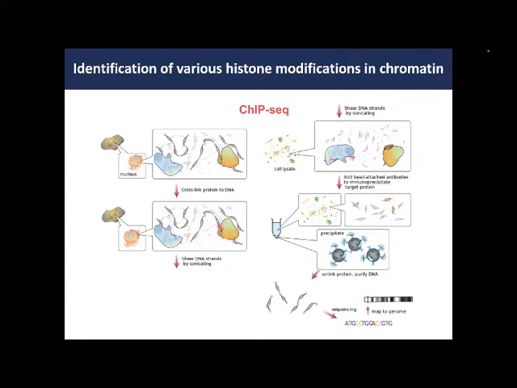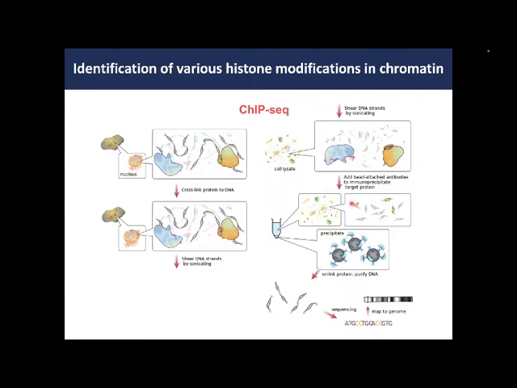The complexes of DNA-binding protein and DNA are fragmented, and then this sheared DNA can be pulled down by bead-attached antibodies through immunoprecipitation. Applying a specific antibody for a specific modification on the protein, we can pull down the DNA fragments associated with that modification.